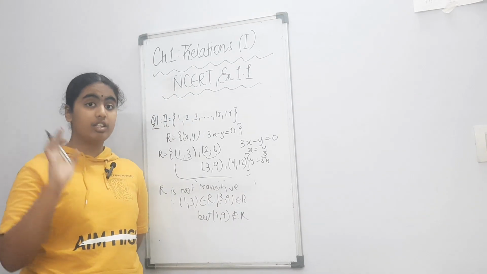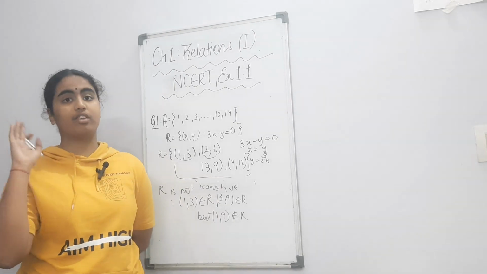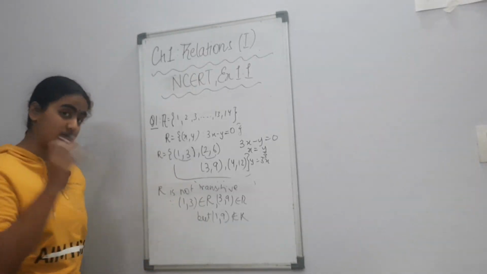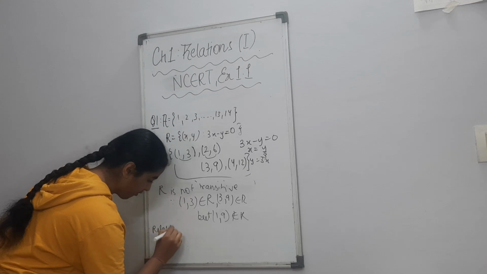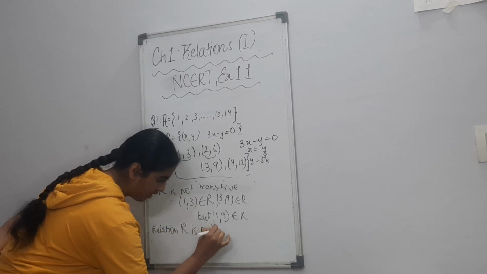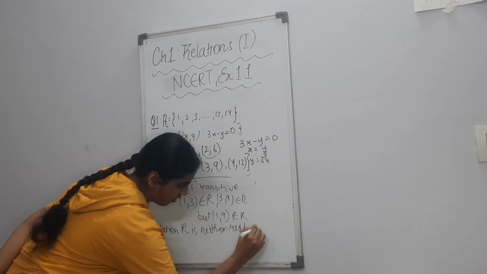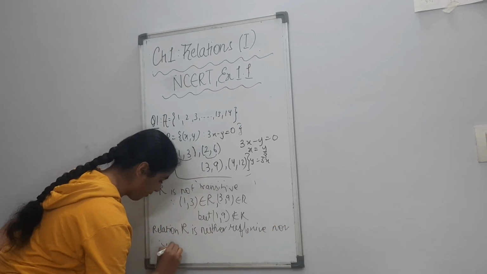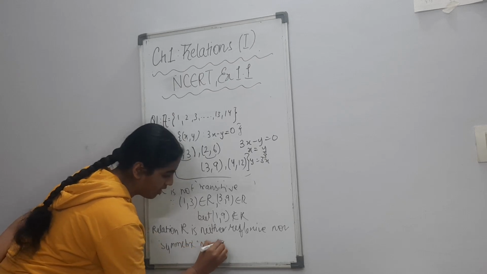Now, after you have proved that all of these are neither reflexive nor symmetric nor transitive, there is one statement that you need to write, which is what I just said, that relation R is neither reflexive nor symmetric nor transitive.